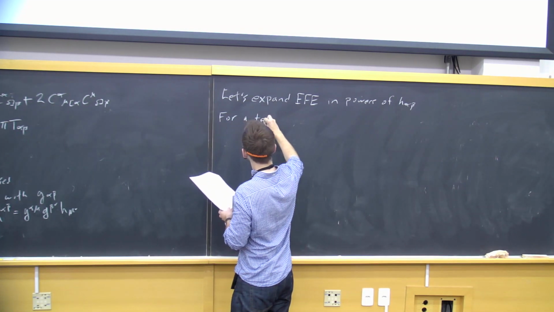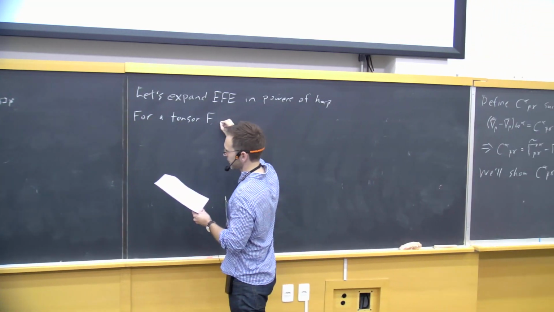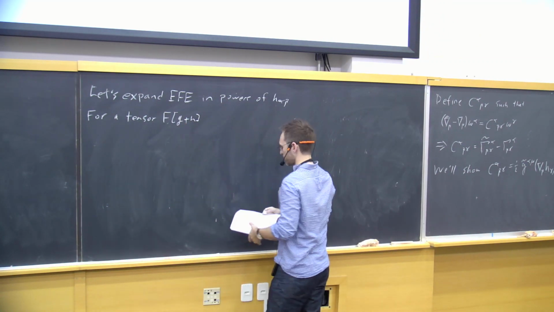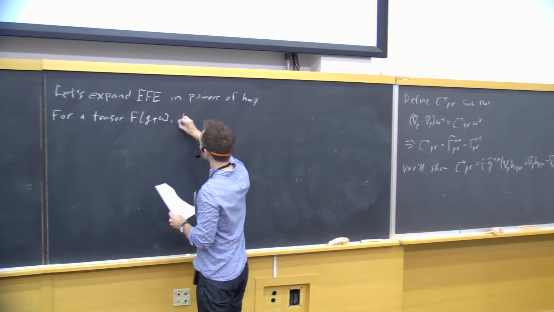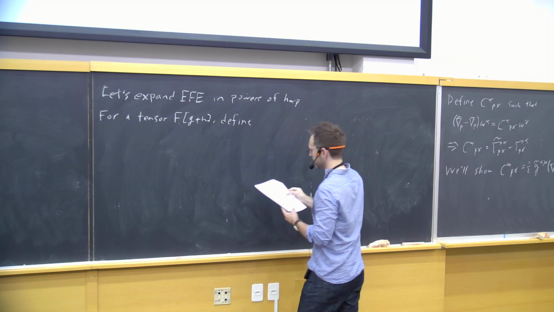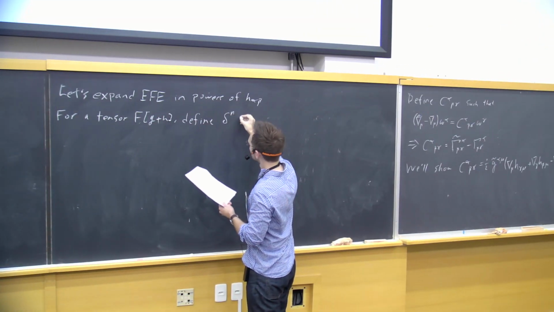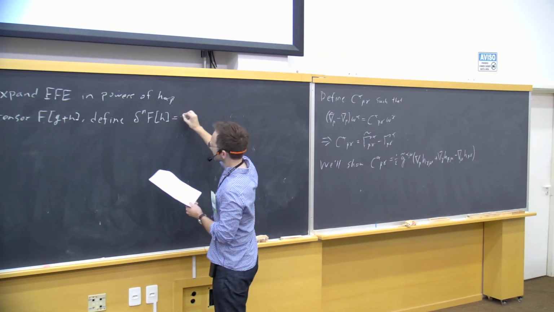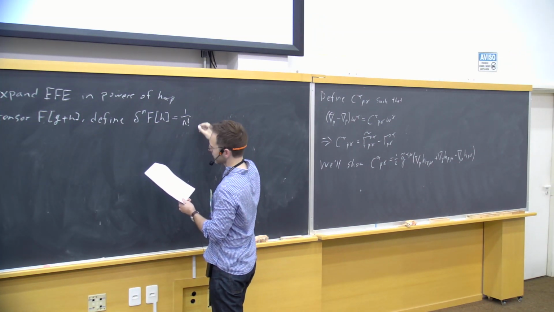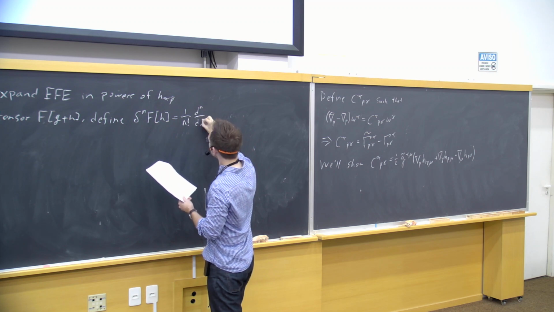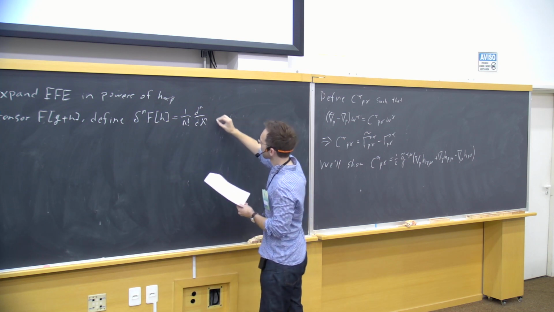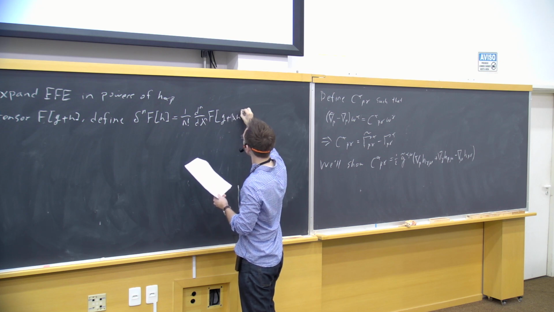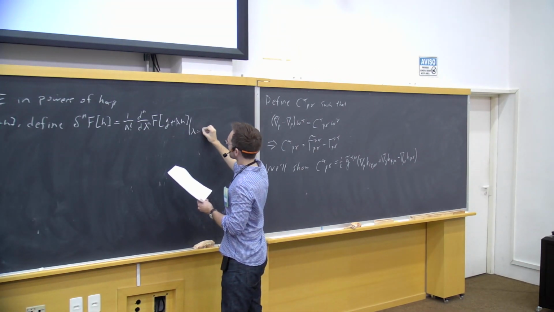For a tensor f of g plus h, so it's a tensor with any indices constructed from g plus h, I'm going to define the nth variation of that tensor to be 1 over n factorial d^n/d lambda^n of f of g plus lambda h, all evaluated at lambda equals 0.